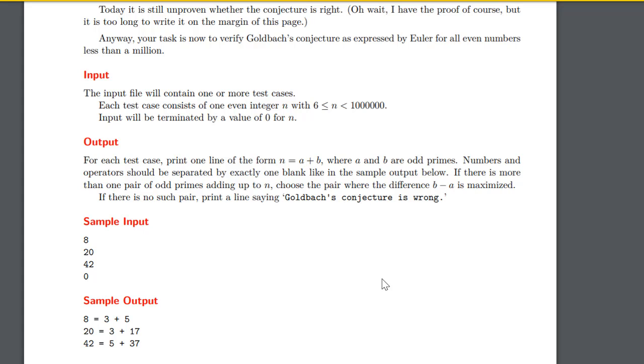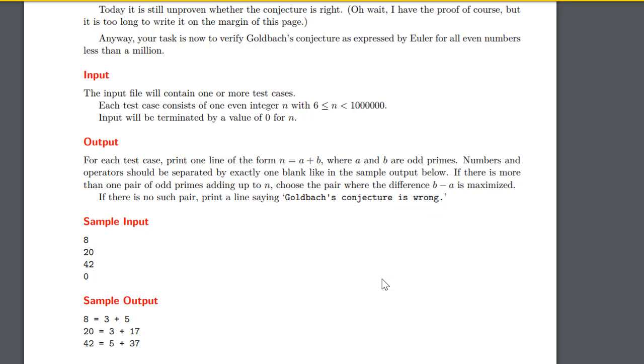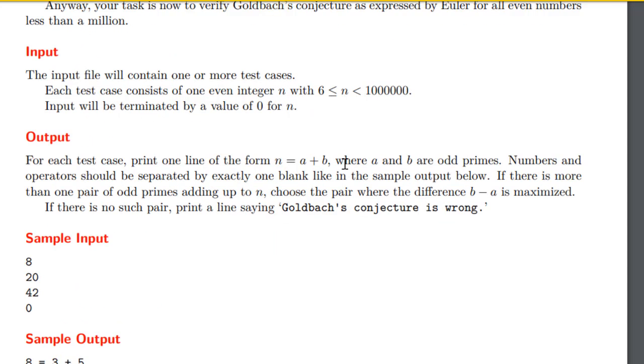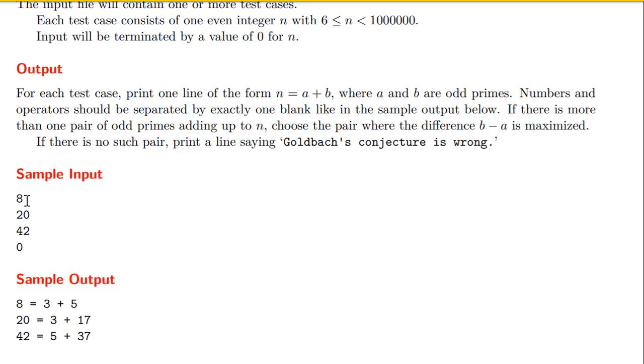We needed to know how many prime numbers there are between 6 and 1 million for us to know which time complexity will be okay with our problem. So with this, we can see that it is clearly not a quadratic algorithm that we gotta code. As you can see, we're gonna have a value of n between 6 and 1 million, and in the example, 8 is formed by 3 plus 5, and 20 is formed by 3 plus 17.